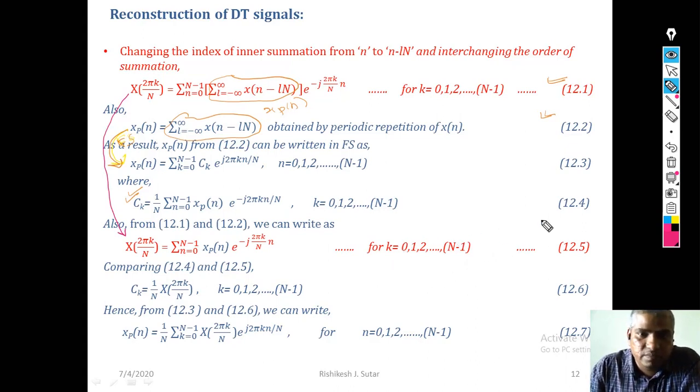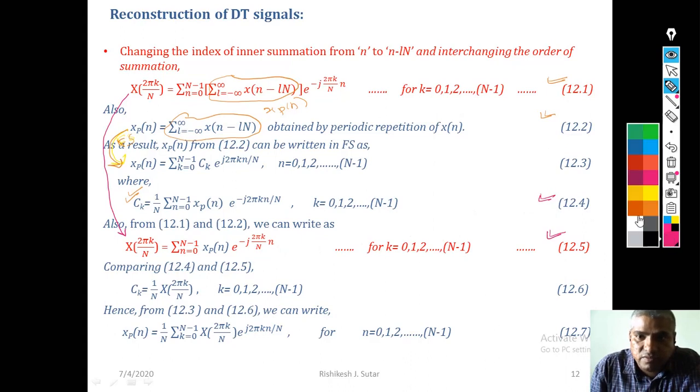Now let us compare 12.4 and 12.5. If we compare this, what you can write is for ck. Now you can see here, let me use another color.